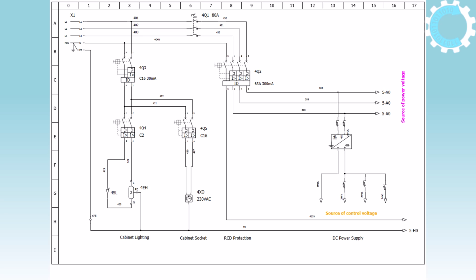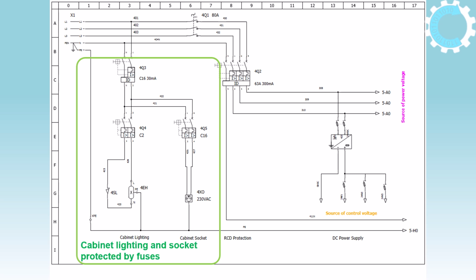Now let us examine a typical main supply current cascade of a simple industrial machine as in the wiring diagram. We first notice the cabinet lighting and socket, usually protected by some fuses. These are connected before the main switch, so that even if the latter is turned off, one can still use them to do some electrical work on the cabinet.